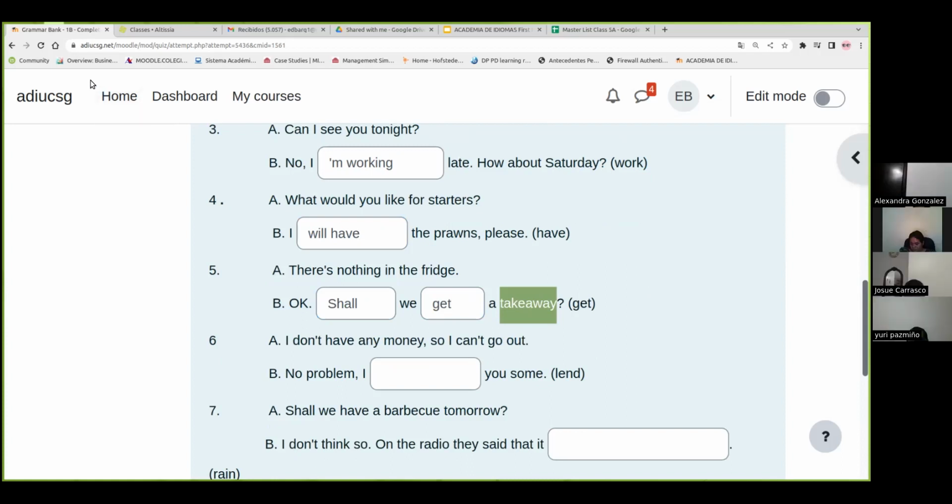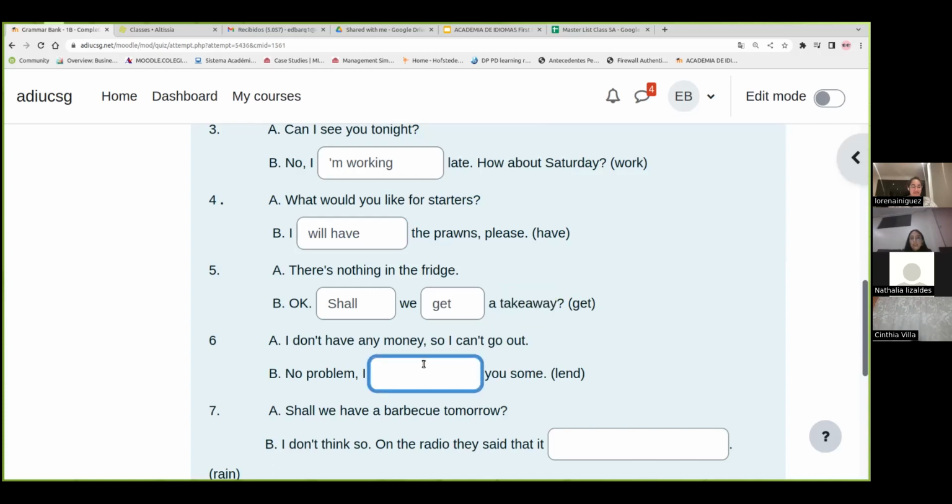What is this? Comida para llevar. Well, actually, that's correct. A takeaway would be food that you order and then you take it back home. You don't eat it in the same place. All right, that's basically what it is.